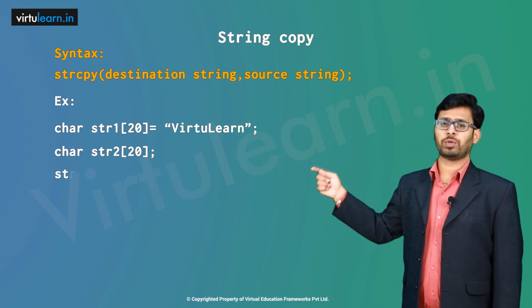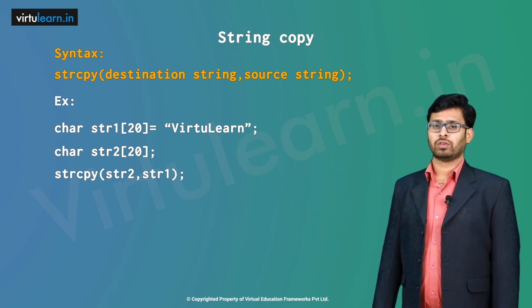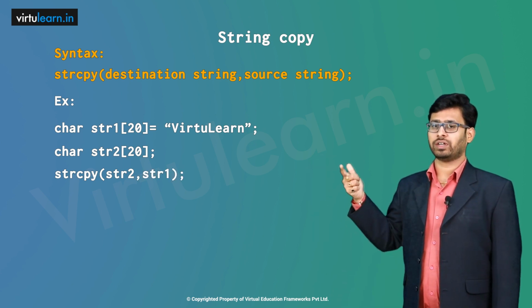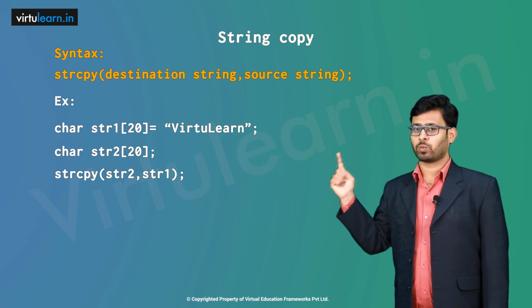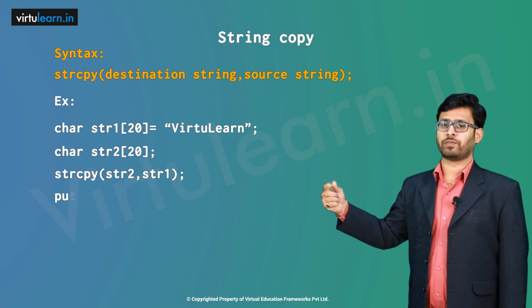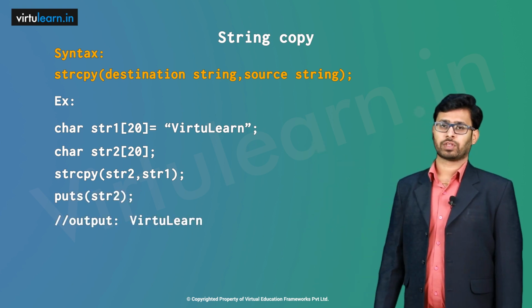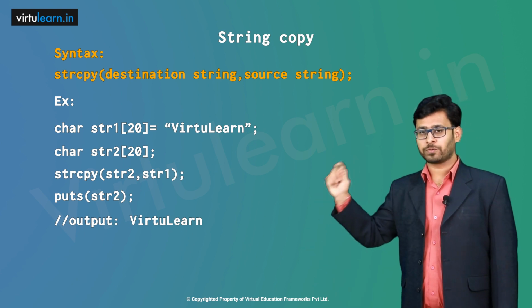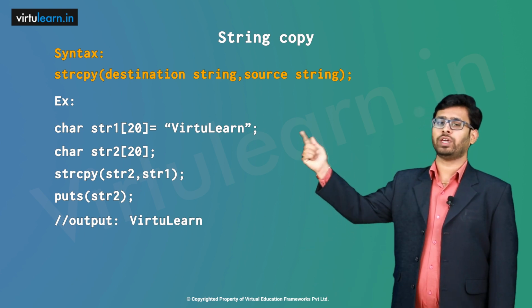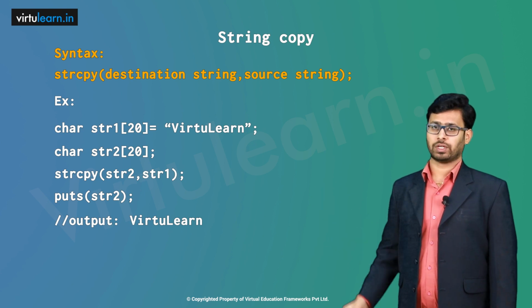Now strcpy of str2 comma str1. So str2 is the destination string, str1 is the source string. When I say puts of str2, it will display the output as Virtulearn, because the contents of the source string are copied into the destination string.